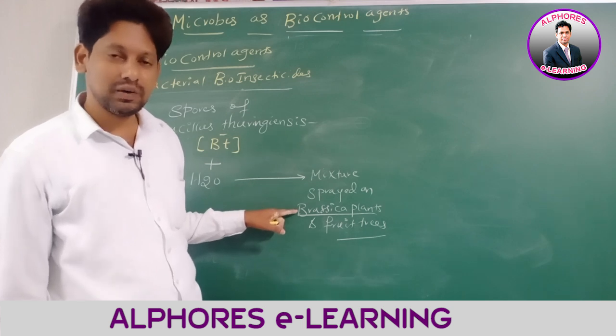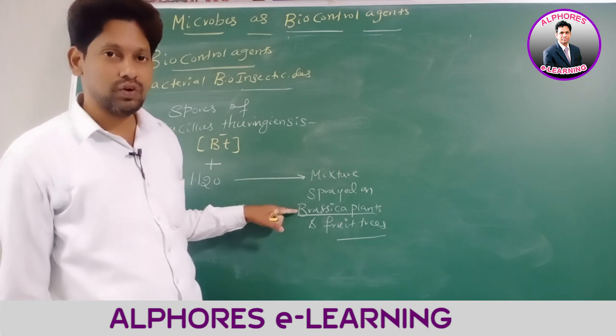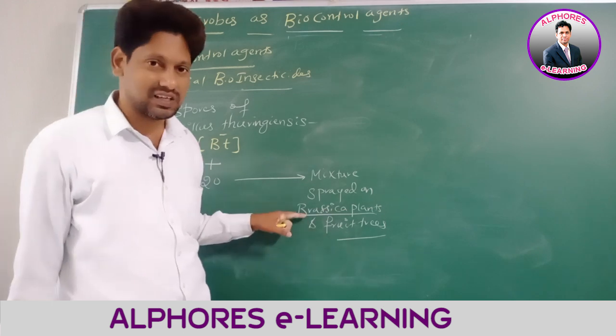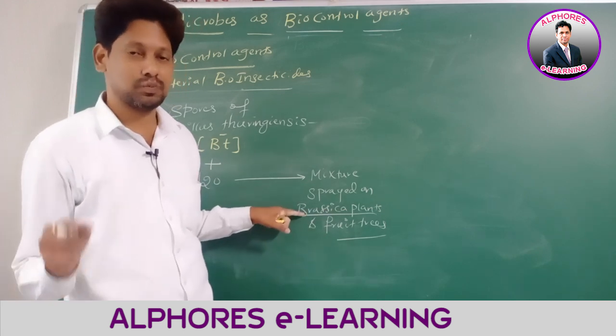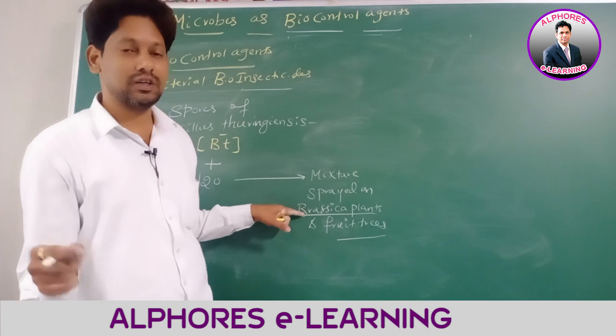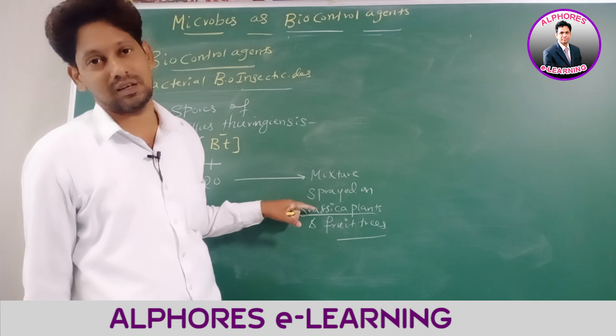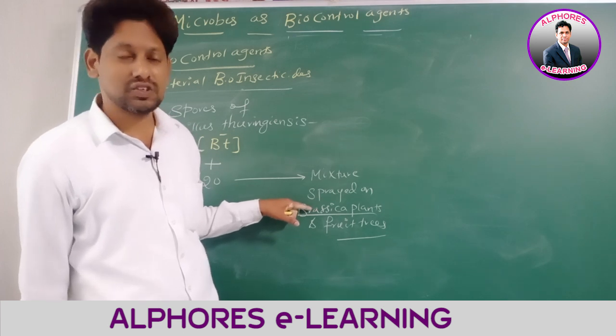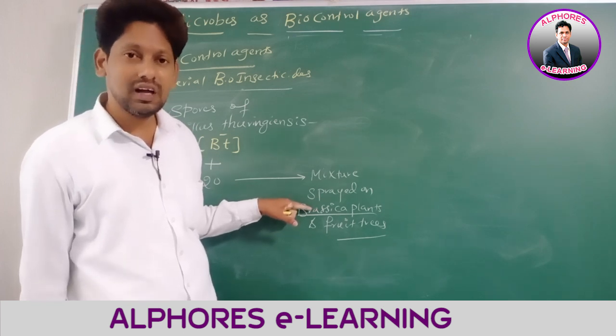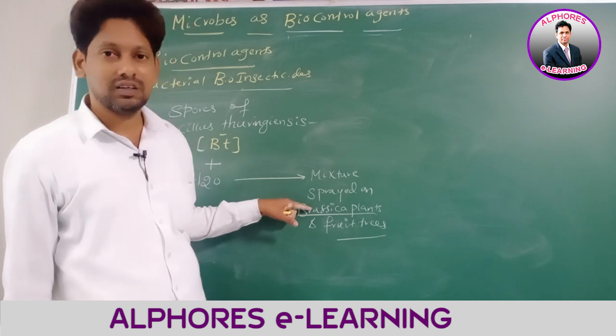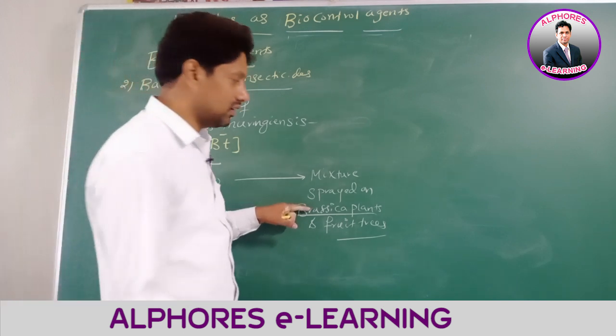When this caterpillar larva tries to feed on the plant parts, the spores of bacteria entered into the body of caterpillar larva. Spores of bacteria entered into the what, sir? Larva of caterpillar. Okay, right?